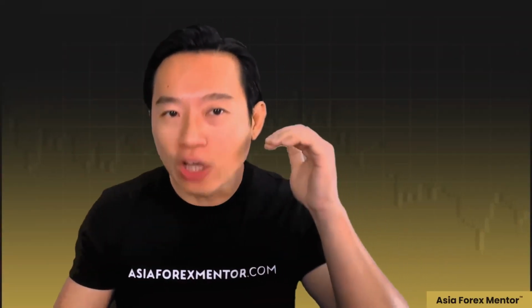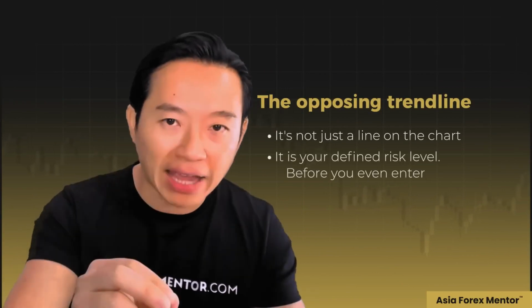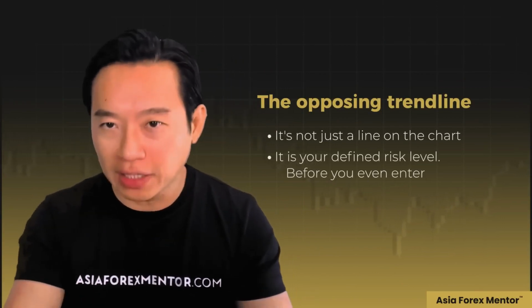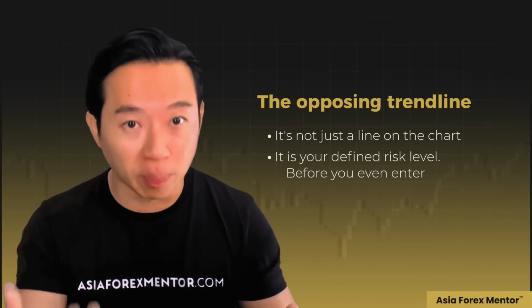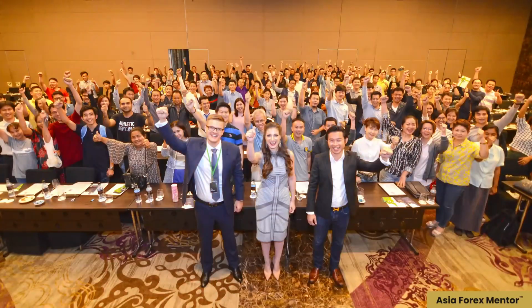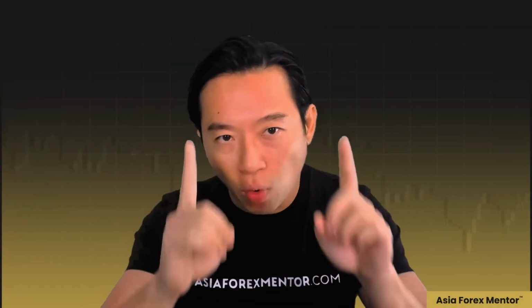The opposing trend line is not just a line on a chart. It is your defined risk level. So before you enter the trade, you know exactly where you are wrong and how much you are actually going to be risking. After over 20 years of trading and training thousands of traders, this is the single most overlooked piece of risk management that I see across every level.